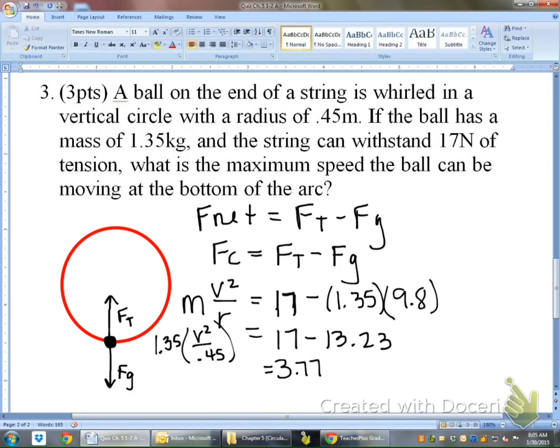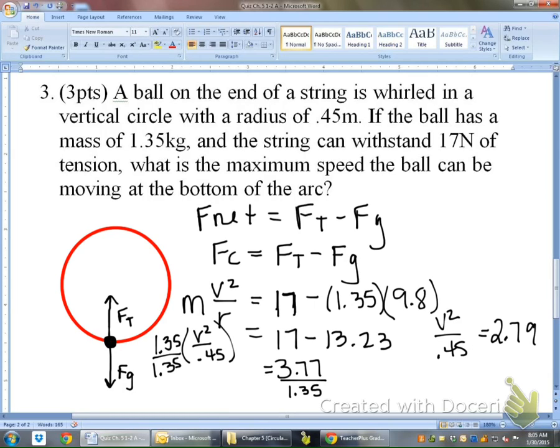Our next move would probably be to divide by our 1.35. Okay. So if we divide the 3.77 by 1.35, we should get about 2.79. So I'm going to move my equation over here just a little bit. 2.79 equals v squared over 0.45.